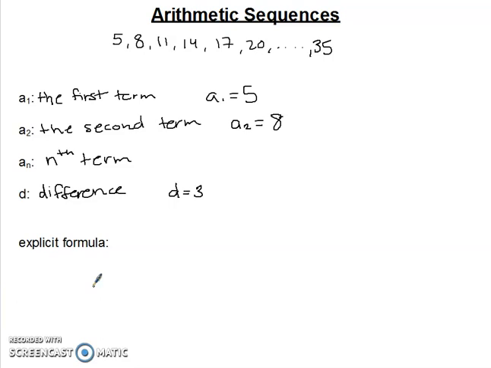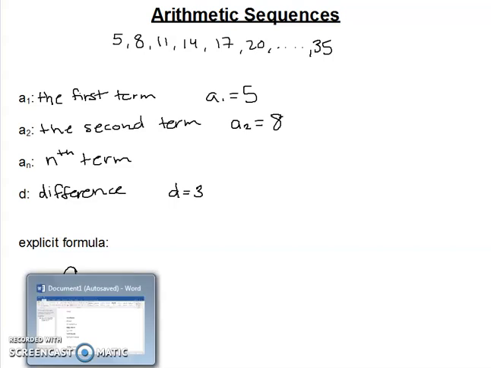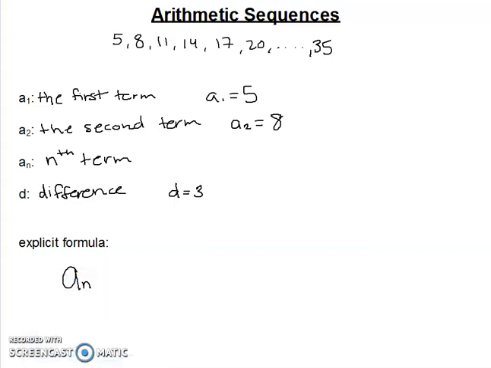Now, the explicit formula for arithmetic sequences says, I have a formula, and if I replace n, then I will determine what place that term has. So for example, if I want to know the third term in my list, then I should be able to replace my n with 3 and determine what the value of that term is.